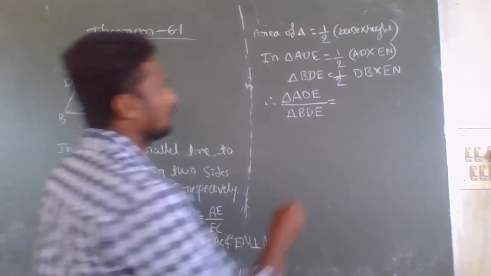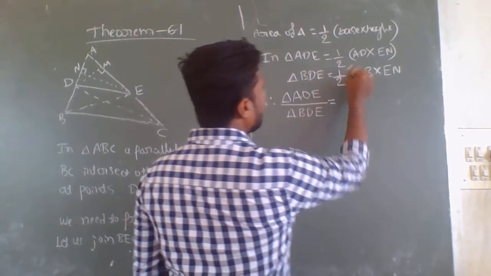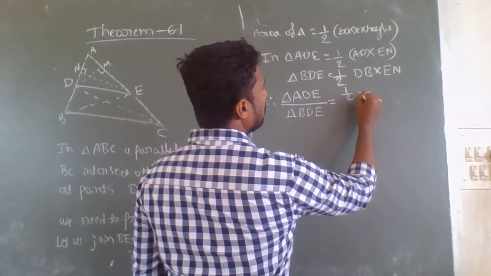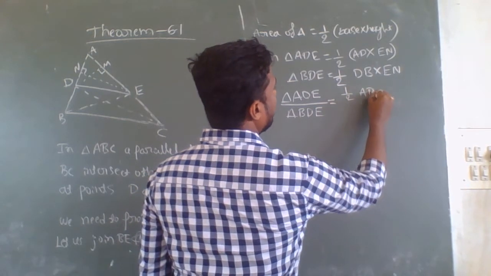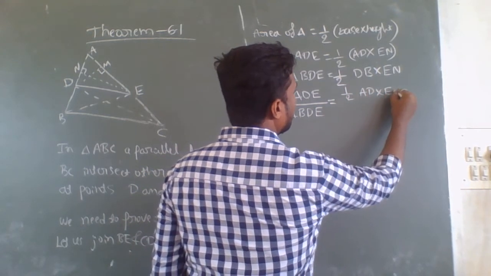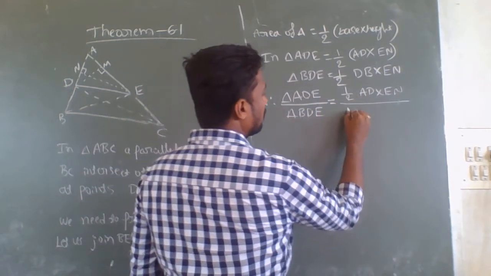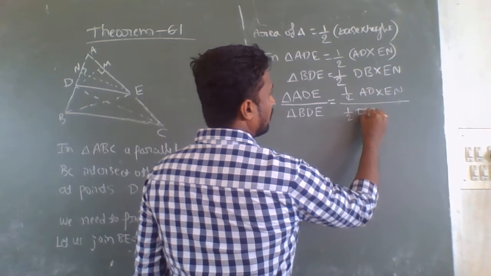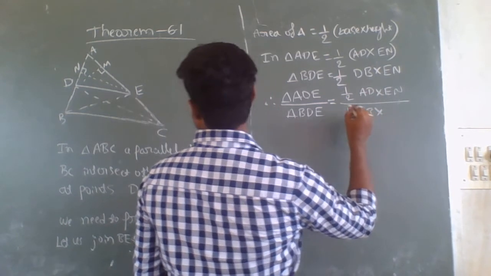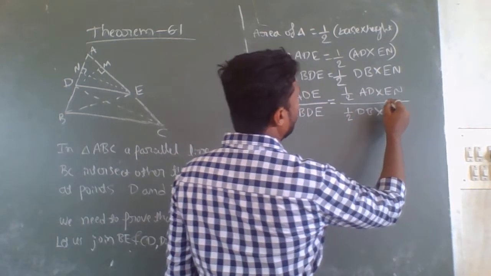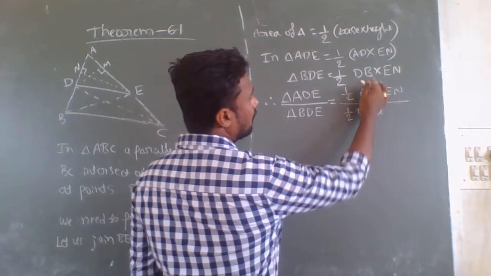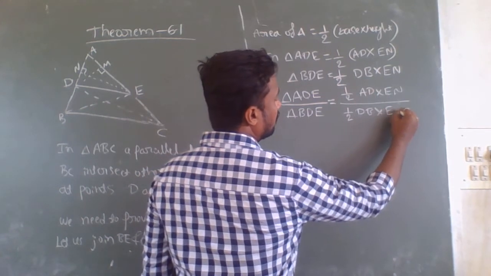So ADE means 1 by 2 into AD into EN, and triangle BDE means 1 by 2 into DB into EN.